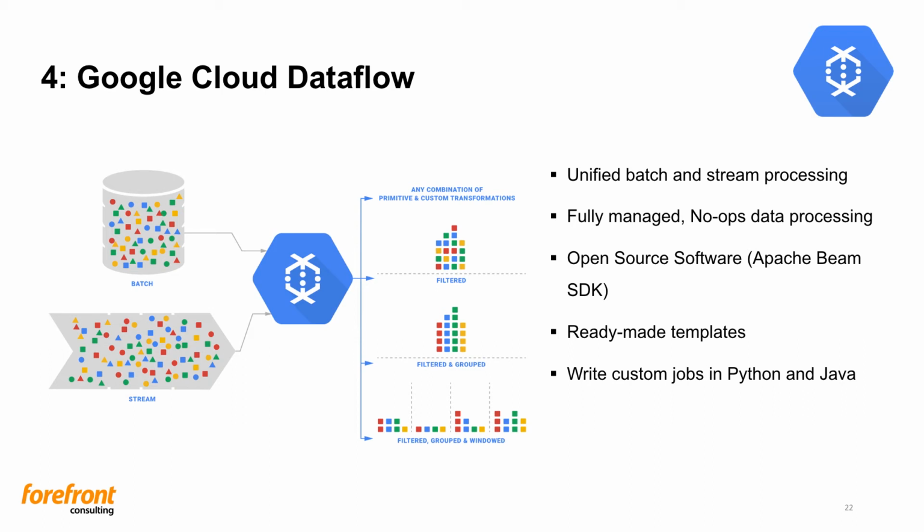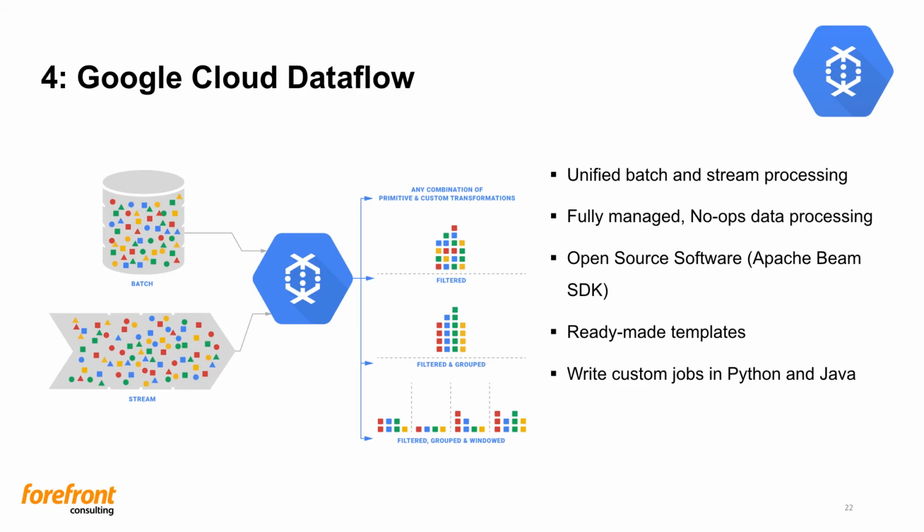And you can use ready-made templates, or you can write your own using Python or Java. And Dataflow is perfect for doing ETL, like both your batch jobs that you would traditionally do with Hadoop, or real-time streaming jobs. So you really have one tool for all your different kinds of ETL jobs. And another use case for Dataflow is for machine learning.